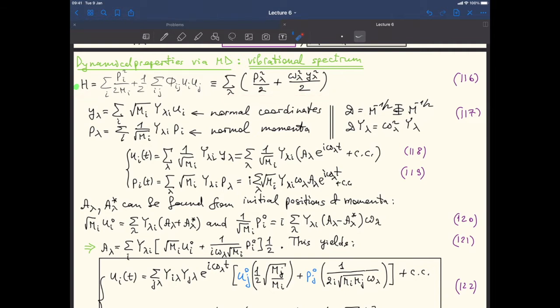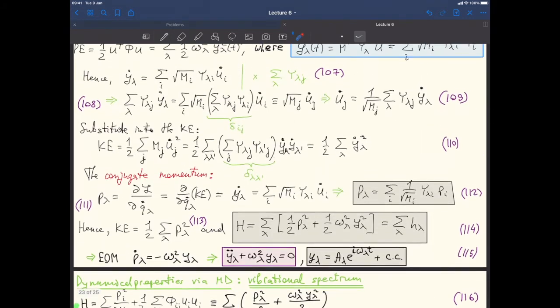So we know that the total Hamiltonian of our system can be written as a sum of Hamiltonians for each normal mode, and normal modes and the corresponding conjugate momenta are expressed via displacements and momenta in the old representation. We can solve these two equations with respect to ui and pi with the same trick as I explained before.